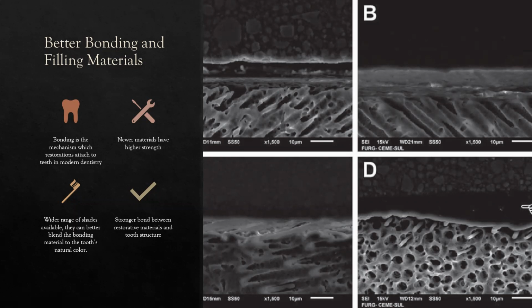So basically, even with direct restorations, we can create a lifelike restoration on a patient, something that even sometimes an expert eye cannot detect where the filling begins and where the tooth ends, or vice versa. We can do very conservative changes of the shape and the color of the teeth with these restorations. We can use addition even without any reduction to change the form and the alignment of the teeth.